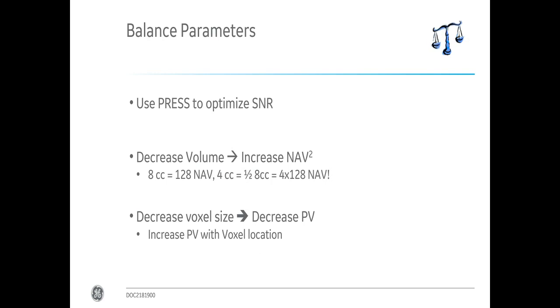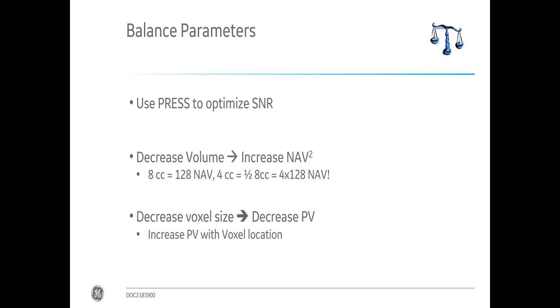You need to take into account that if you decrease the volume, you need to increase the number of averages to get the same quality of spectrum. And unfortunately, that goes with a square. So if you reduce your voxel size by 50%, or go to half of your voxel volume, it's not that you halve the length in each direction.